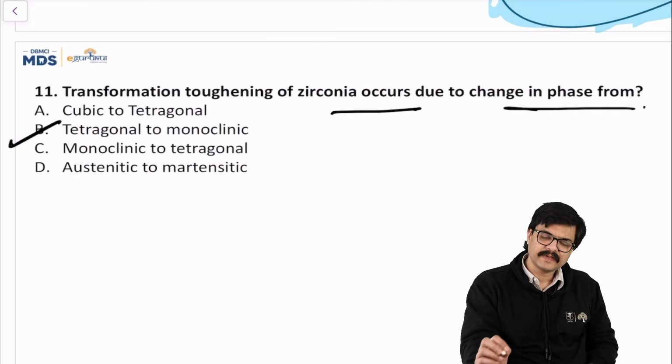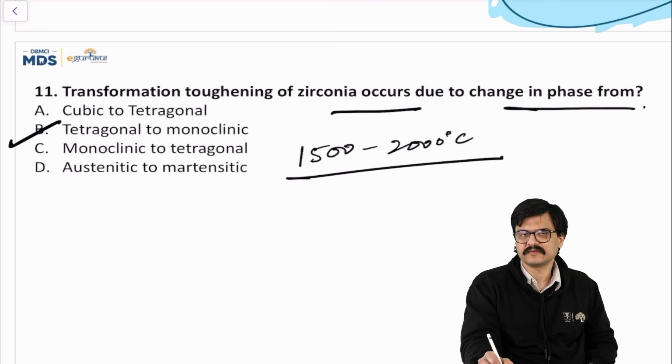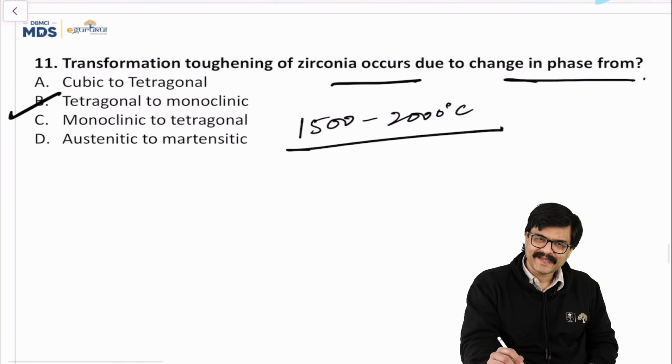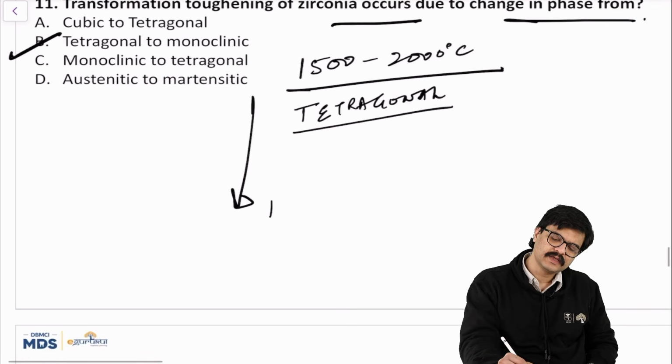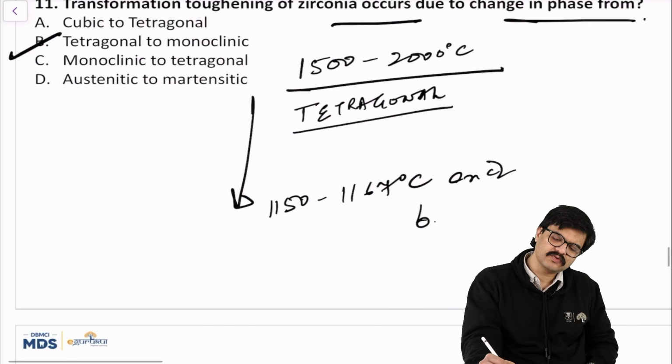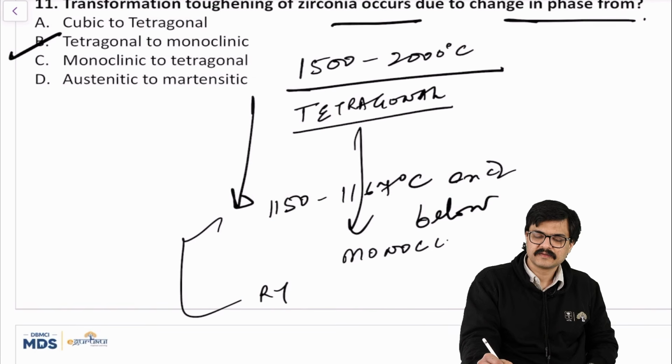Okay, guys. So basically, when you're making these zirconia crowns, and it's facing a temperature in the range of 1500 to 2000 degrees Celsius, zirconia exists as tetragonal phase. As the temperature comes down, cooling to the range of 1150 to 1167 degrees Celsius and below, that means still to room temperature, in this entire range the tetragonal is going to convert into monoclinic phase.